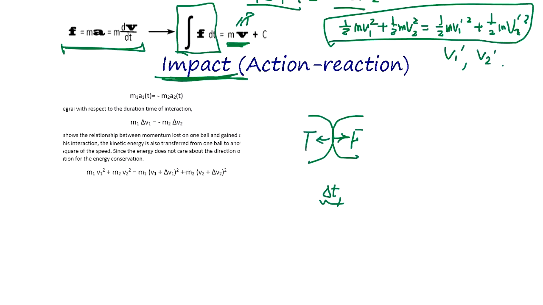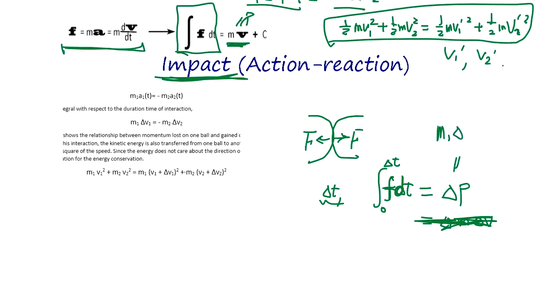Then you get the reaction F. The integral of F from 0 to delta T, this short time, gives the change of momentum, delta P, depending on whether it's m1 delta v1 or m2 delta v2.